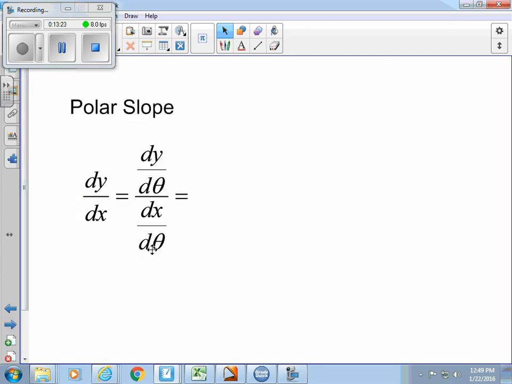So the first thing we're going to learn is polar slope, which you actually just learned. To do the slope of a polar curve at a point, you are going to define the polar function parametrically, x and y, using r sine theta as y and r cosine theta as x. So you will have to have those formulas memorized.